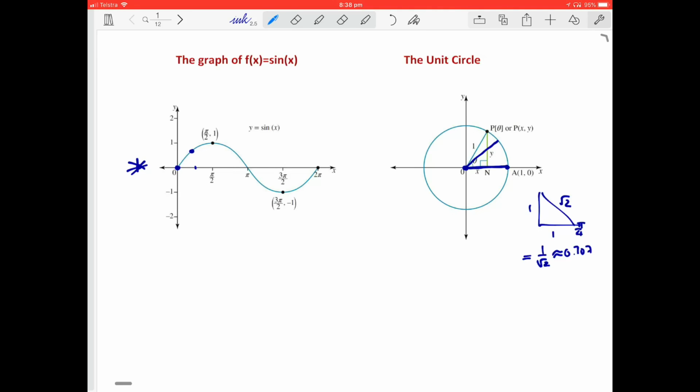It's above a half. So we've gone from there up to there, and you can see between those two graphs, that's the same distance.